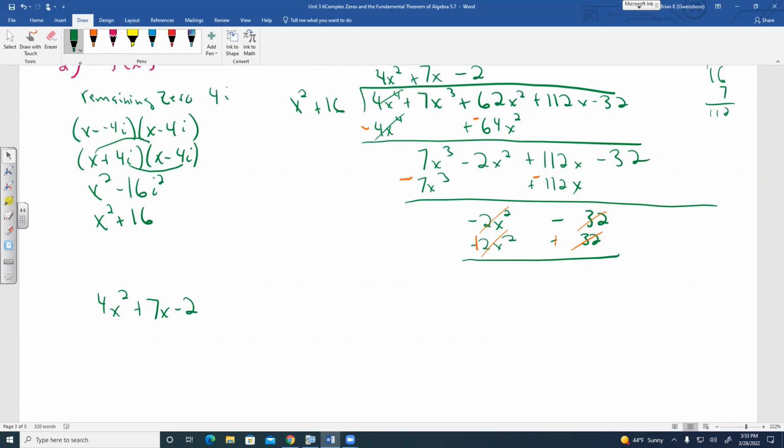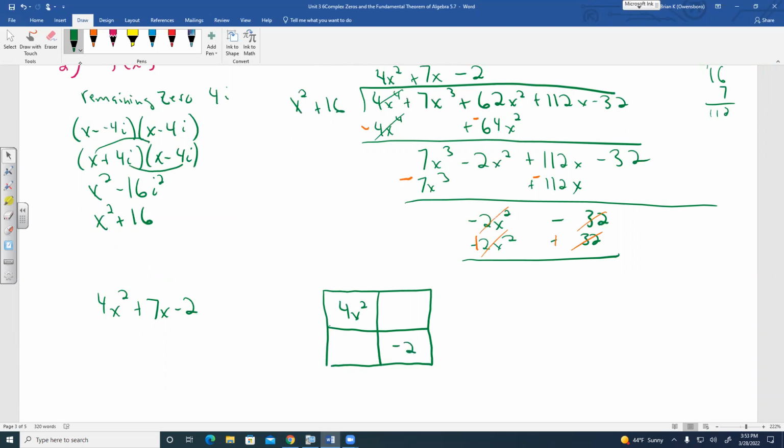So to factor this, I'm going to use the big T method, to see if it's factorable. So the quadratic term goes to the top left. What goes in the bottom right is the negative 2.